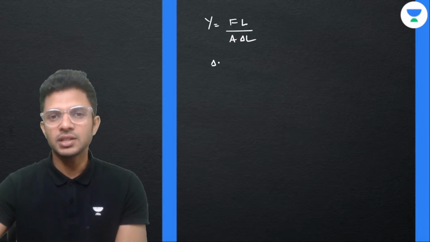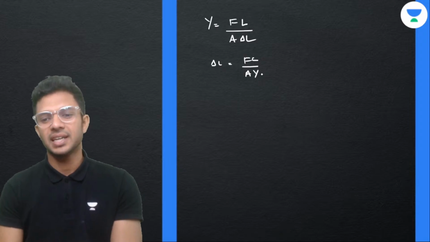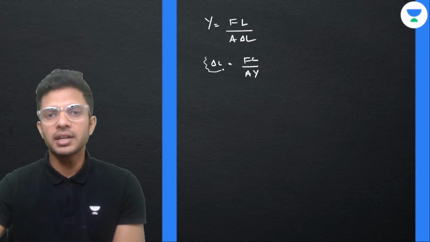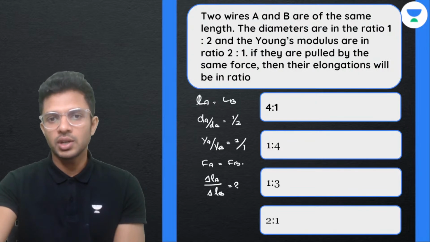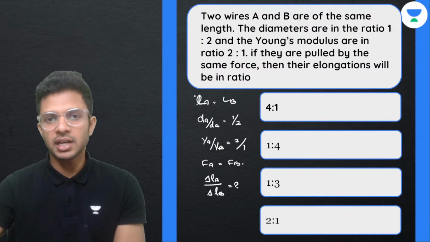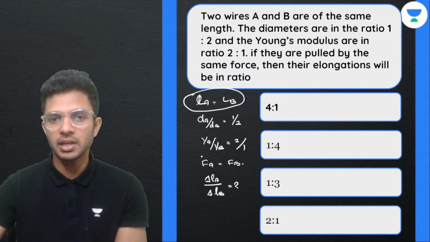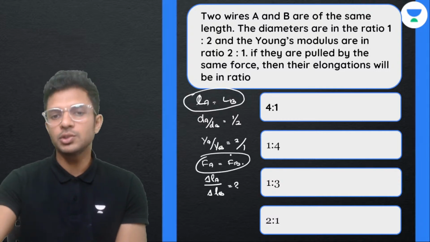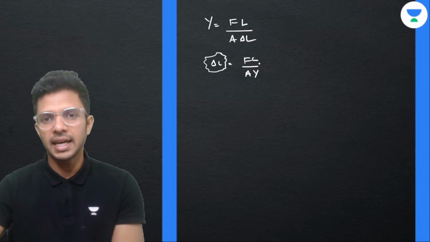Okay, so delta L is equal to FL divided by AY. Now here we are asked to find out the ratio of change in length. So in that case, two things are common which we don't need to consider during taking the ratio, which is length of A and B and force of A and B. These two things are given as same for both of them. Force भी same है, length भी same है.